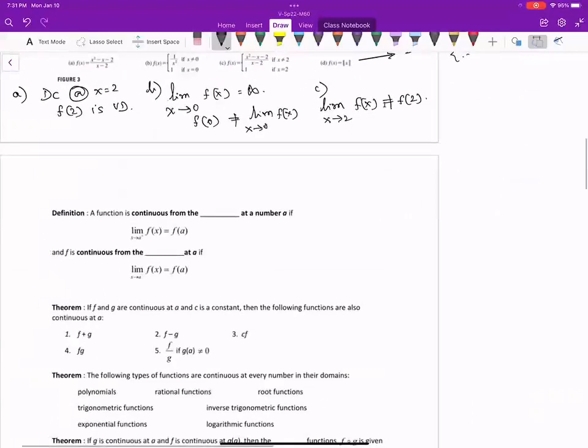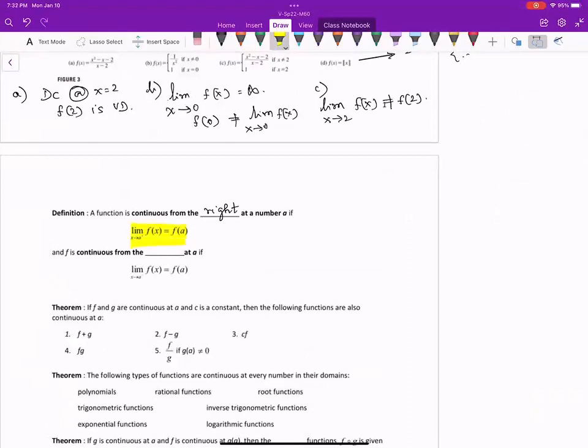All right. The function is continuous from the right at a number a if the limit as x approaches a from the right of f of x equals f of a.